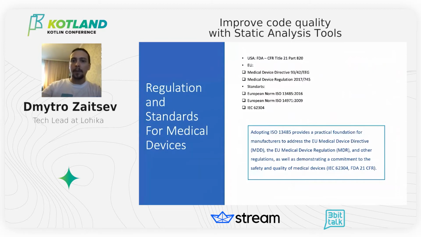The first standard, ISO 13485, was published for the first time in 1996. The current edition was published in March 2016. It is named Medical devices, quality management systems, requirements for regulatory purposes. It represents the requirements for a comprehensive quality management system for the design and manufacture of medical devices.